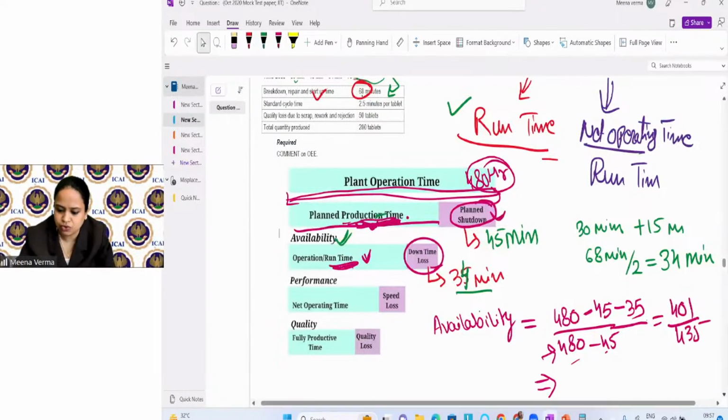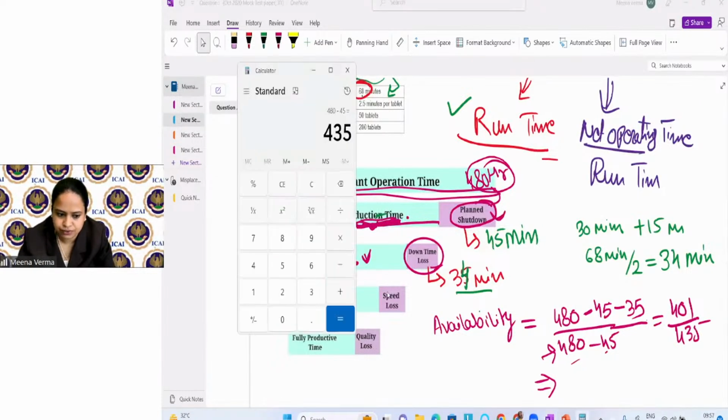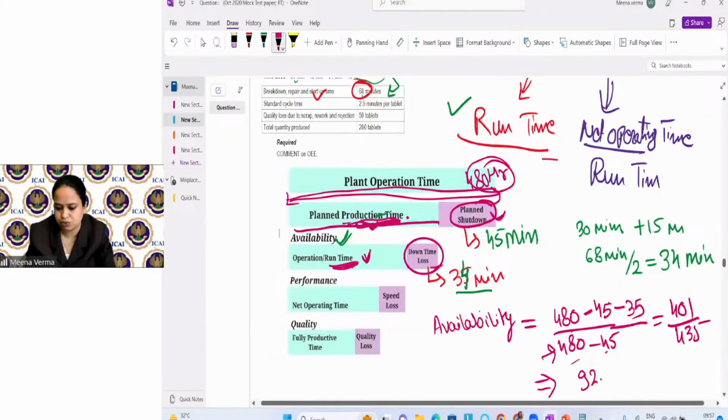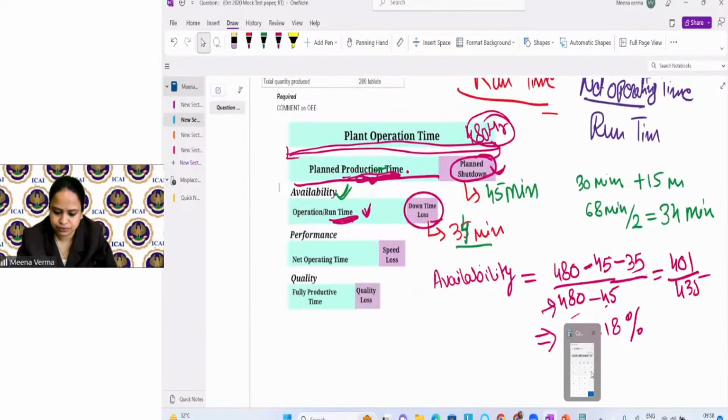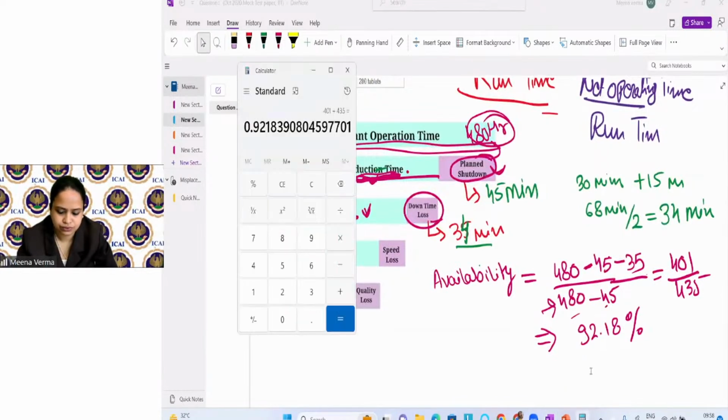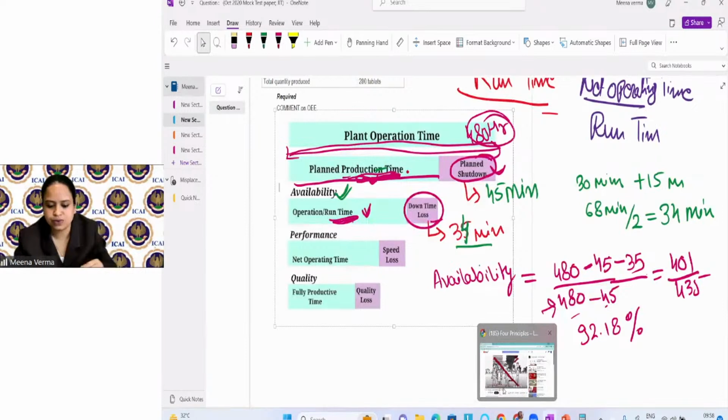Now divide them: 401 divided by 435. This will give you 92.18%. So availability will be this value.